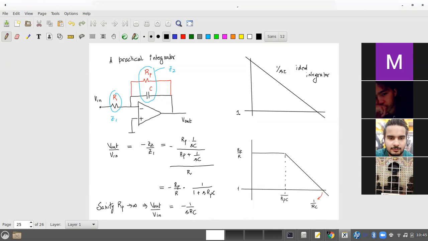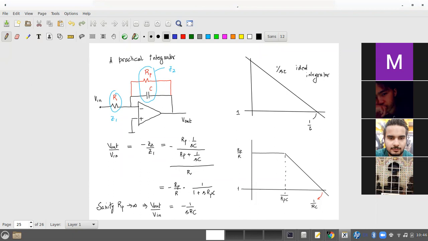If this were 1, what is this value? When does 1 by s tau become equal to 1? What's the value of s, or what's the value of omega? Sure, 1 by tau. 1 by tau, correct.